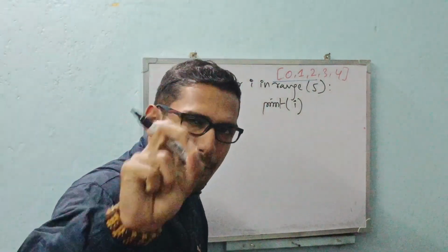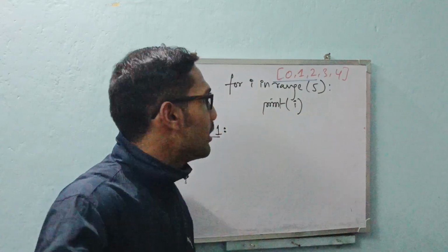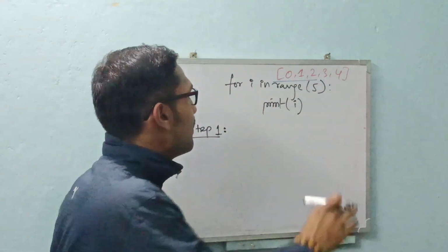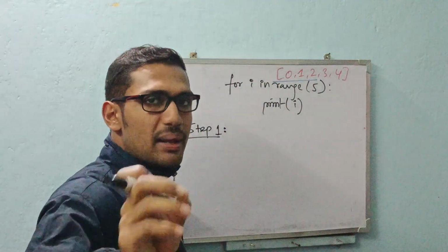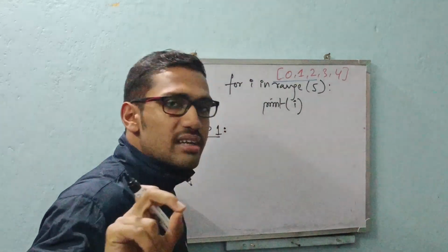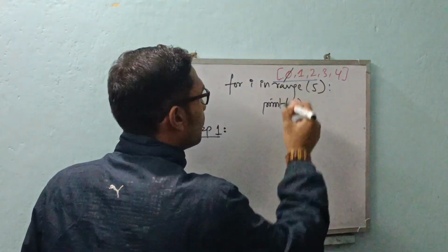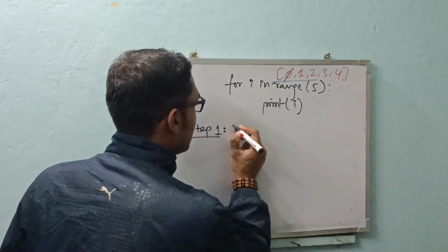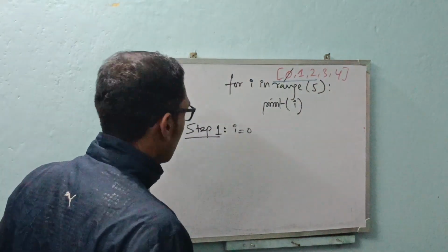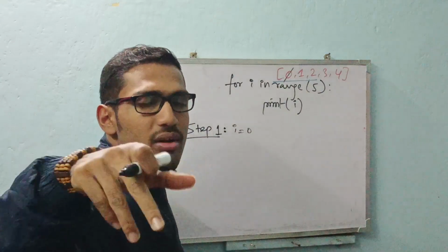It picks up one element from the sequence data type, one element at a time. So first it will pick up 0. So the value of I in step 1 is 0. Clear? Fine.